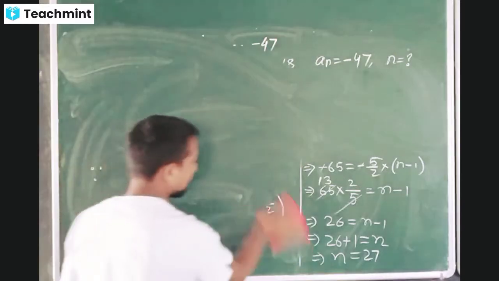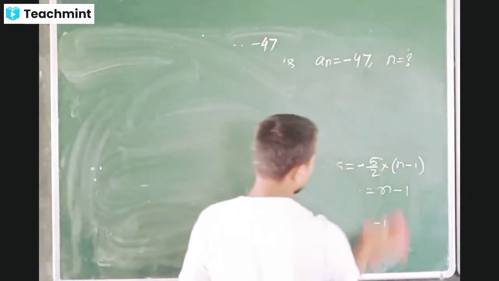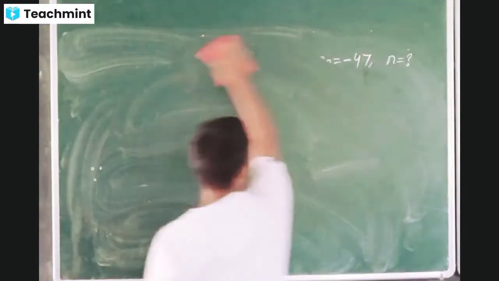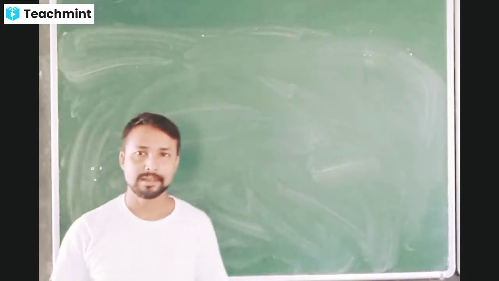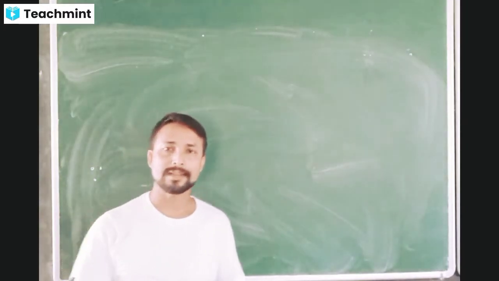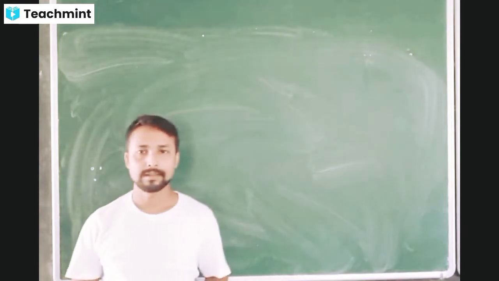Similarly, between 10 and 11, we cannot get any position. The fractional position 10.5 or 10 and a half we cannot get. Position cannot be accepted as a fraction.